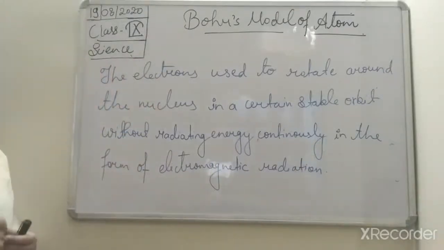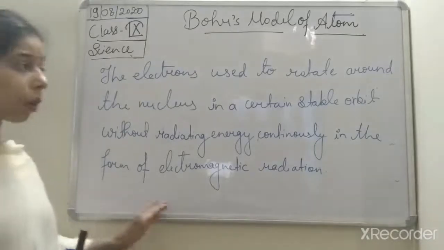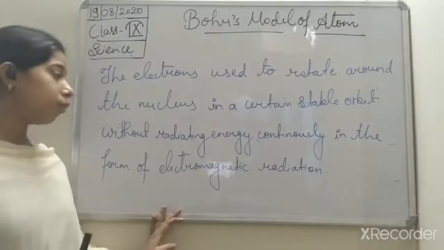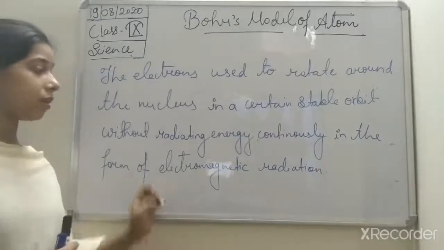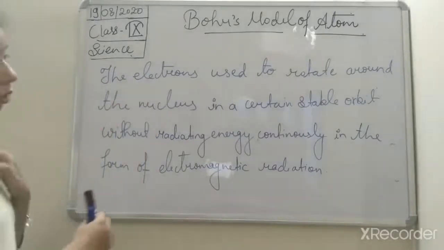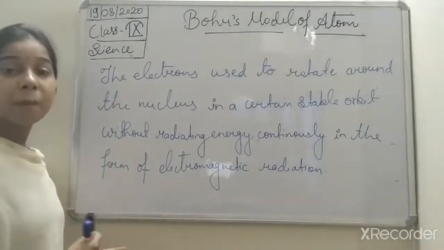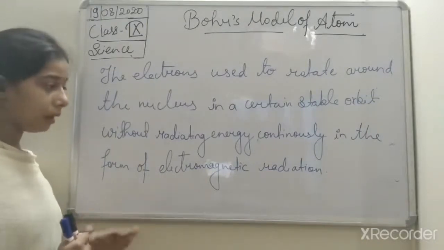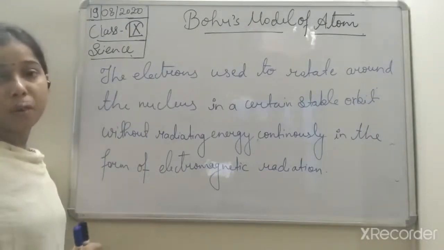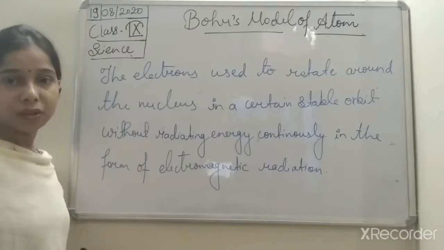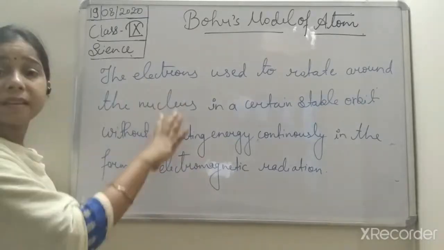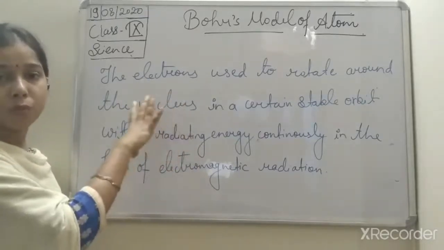So the electron rotates around the nucleus in a certain orbit. The orbits are stable, and the electrons move in that orbit and do not radiate any energy in the form of electromagnetic radiation. So this is the basis of Bohr's model of atom.